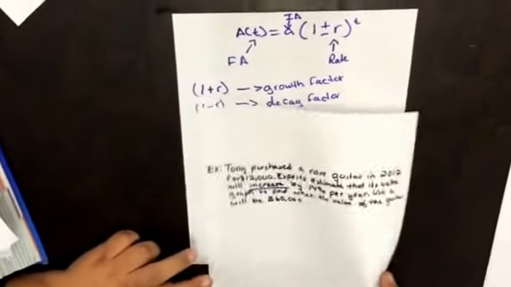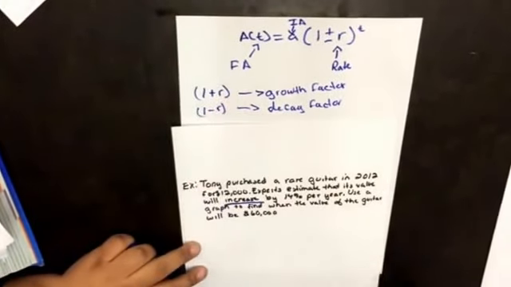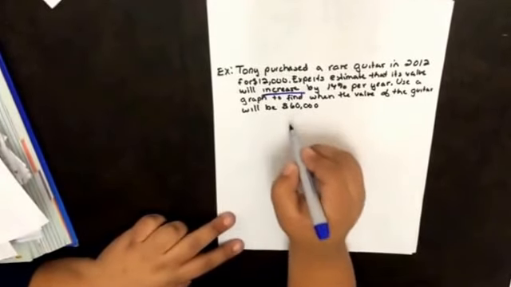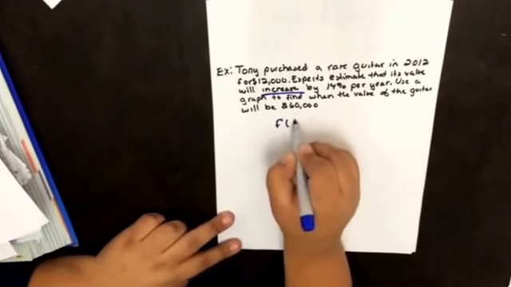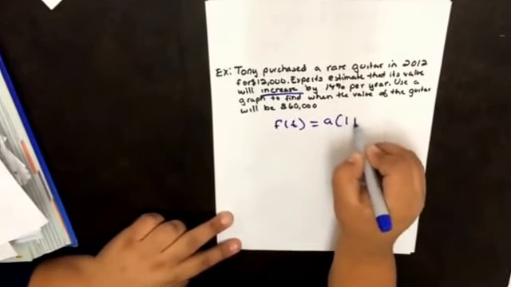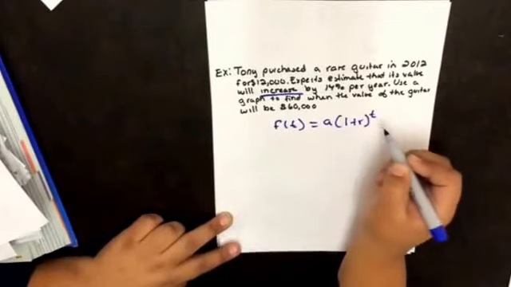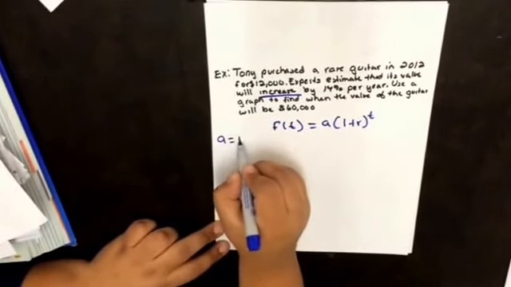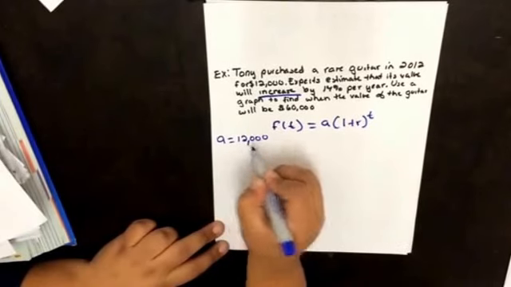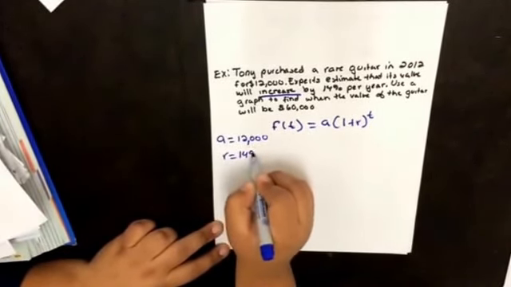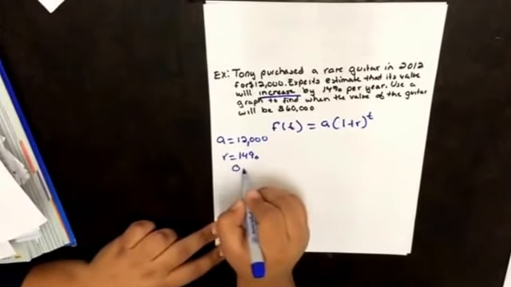Like I said before, 1 plus r is for the growth factor. So we can write our function as f of t equals a times 1 plus r to the t. Our initial value is 12,000. Our rate is 14%, which we can write in decimal form as 0.14.